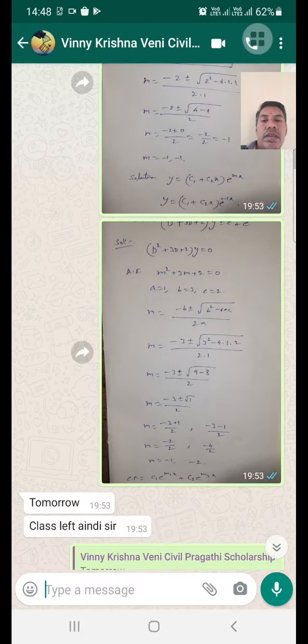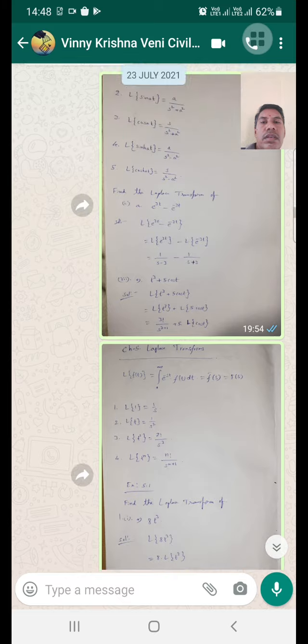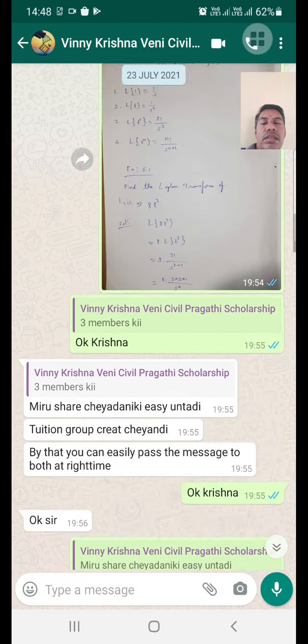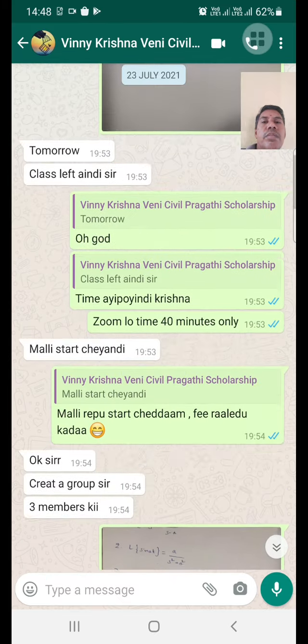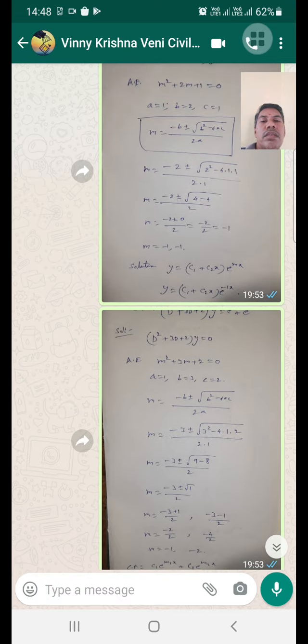So for PI, I will tell you. Here PI means we have to write down the right side part over the left side part, because on the left side it is multiplying.